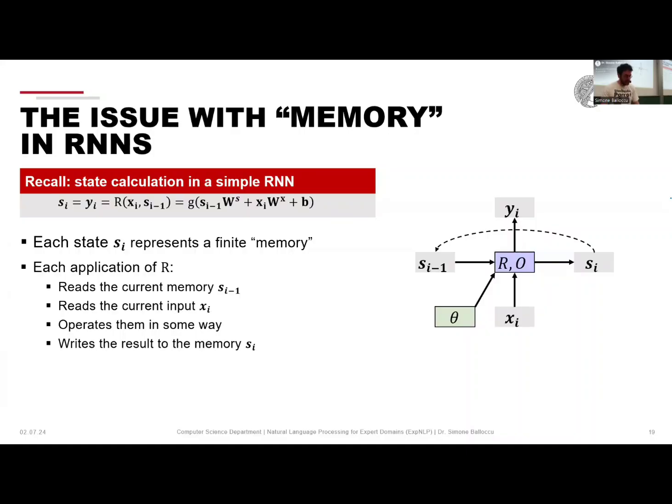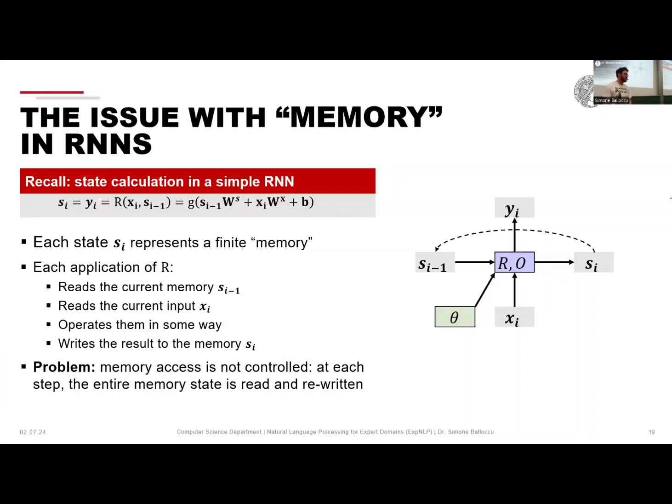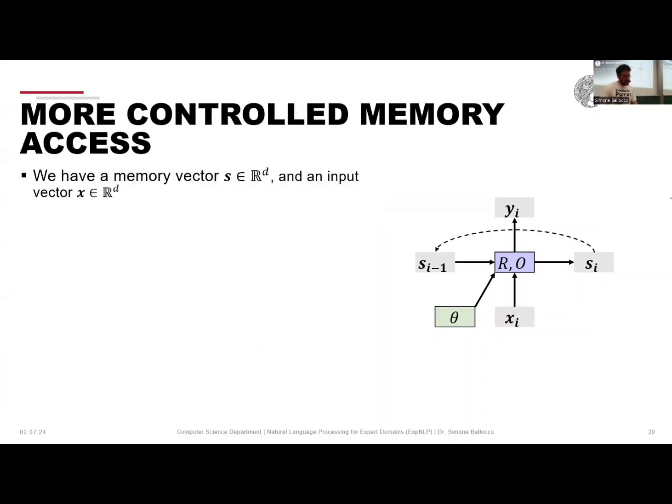And we write the result to the new memory. But this is not controlled. We are just rewriting the entire memory every time. That's a bit of a problem, because what if we wanted to rewrite only part of the memory? Something should stay as it was before, but something should change, right? It makes sense. So let's see how we can have more controlled access to the memory.